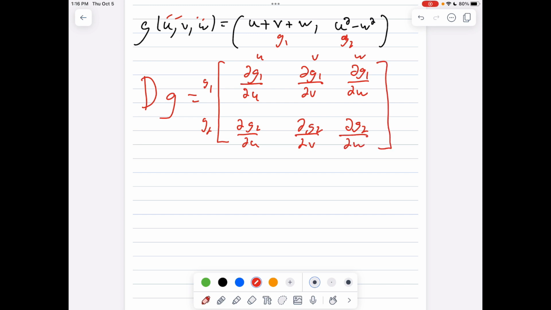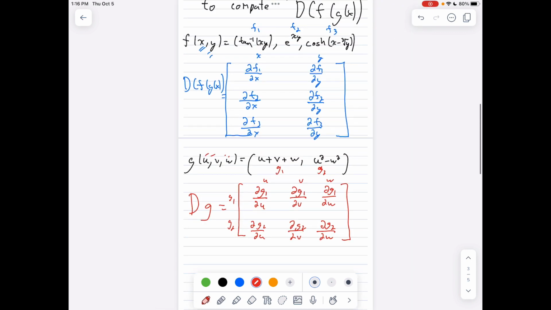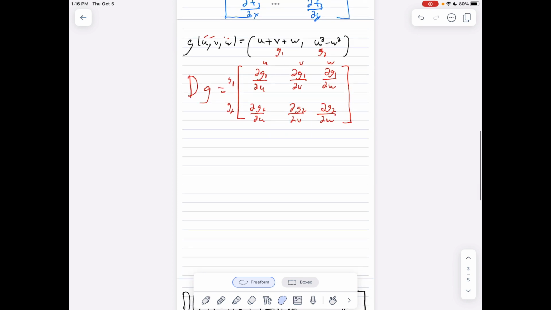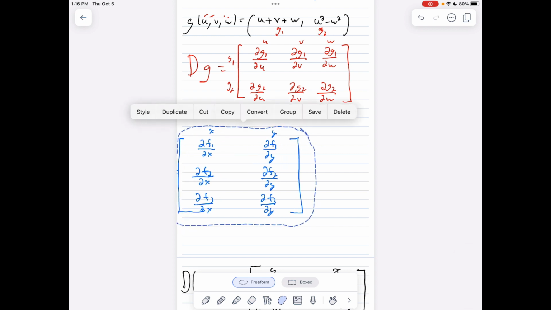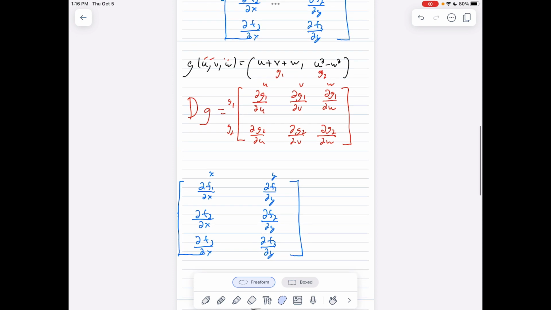All right, so we have that, and your final answer is when you put these two matrices together, which would be this right here. Copy that, and then we'll paste this over here.